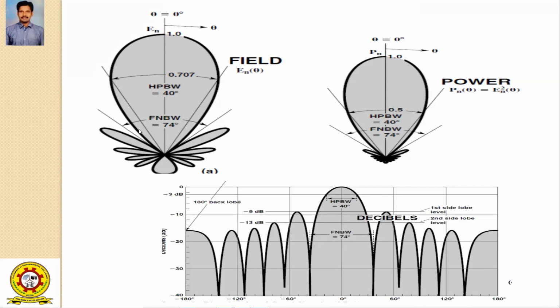Along this plane, if you want to calculate where your power falls to 50%, that is the point where you can calculate the half power beam width. Similarly, for the power pattern, the powers are indicated as normalized values of the field strength, that is, Pn of theta equal to E square n of theta.